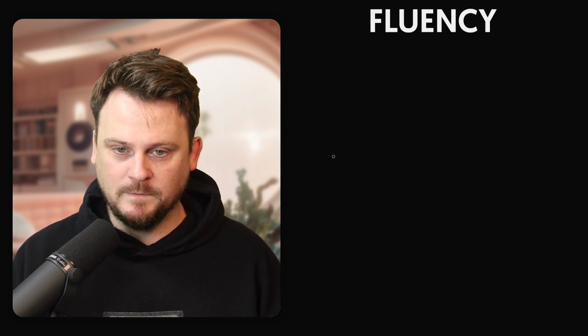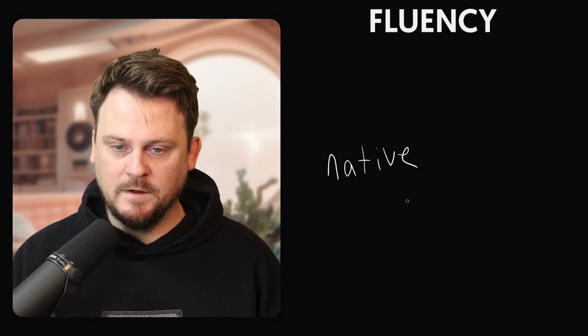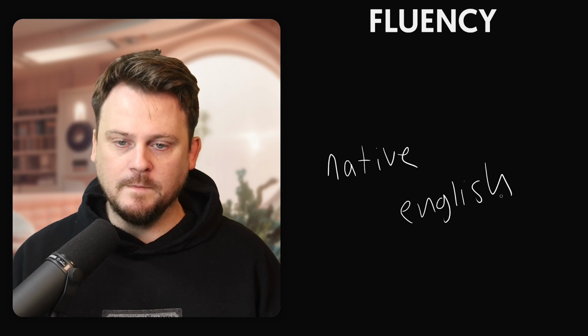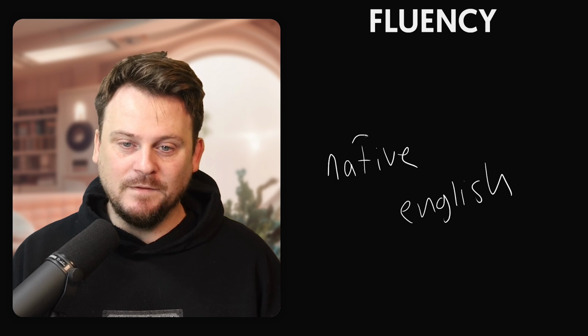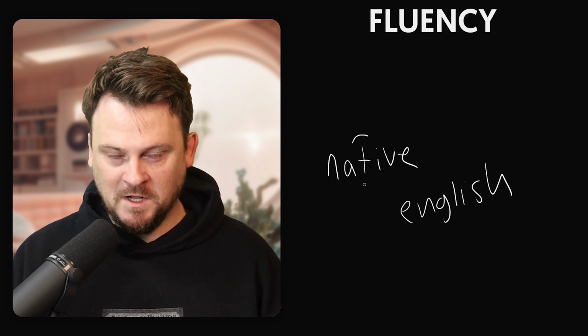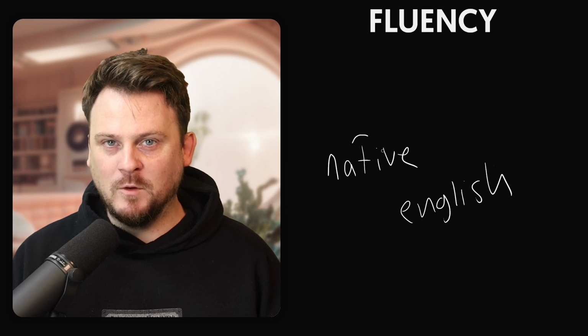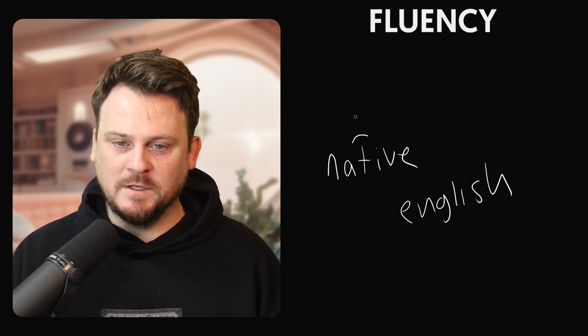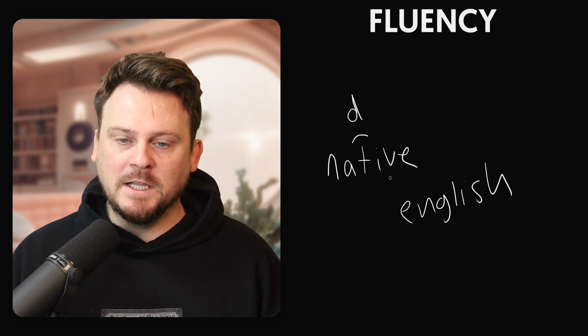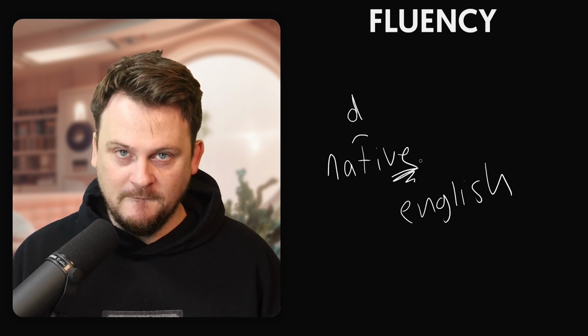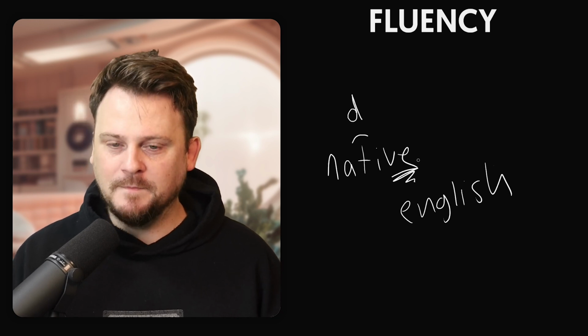Let's look at two words together, right? Native English. Now, this could be pronounced as native, but because the T is in the middle of the word, followed by a vowel sound, this will often be pronounced as a D. Now, we look at the last sound in this word and we see that it's V. Yes, there's an E there, but it's actually V, right?